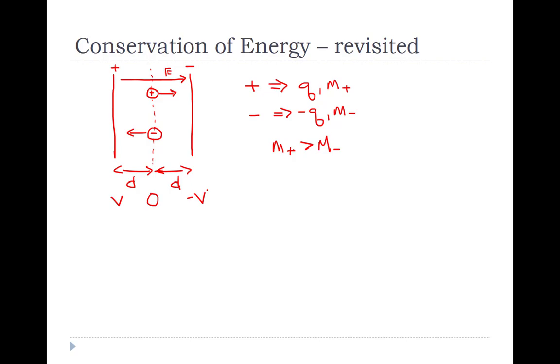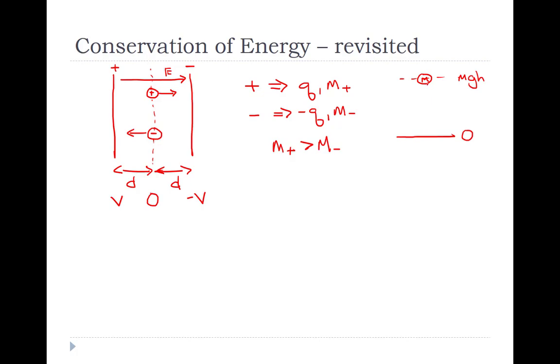Well, let's flash back to gravitational potential energy for just a minute again. If I think about a mass starting in the air, typically I define this as my zero, and then this would be some mgh up here.